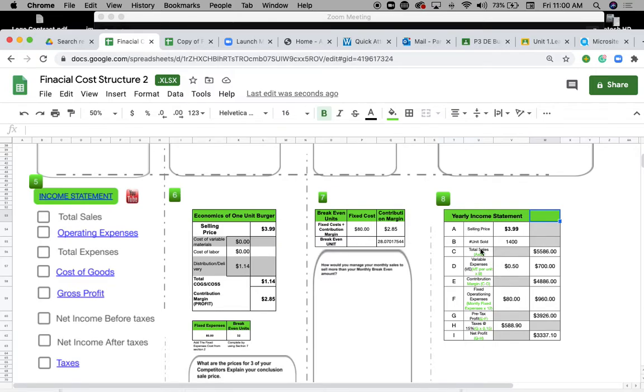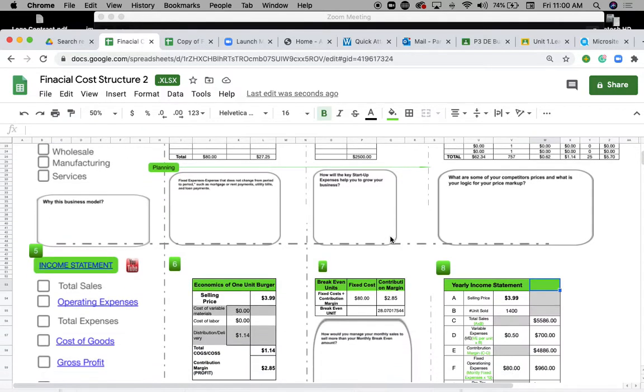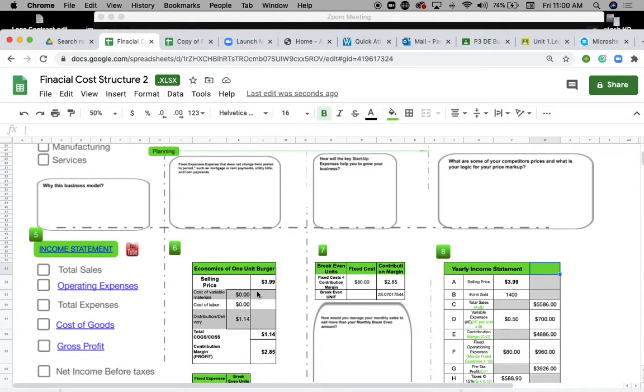All you're doing is going back and pulling information from here and plugging it in. So my selling price is what? $3.99. I type $3.99. Okay, the total number of units that I'm going to sell within a year. So not one month.